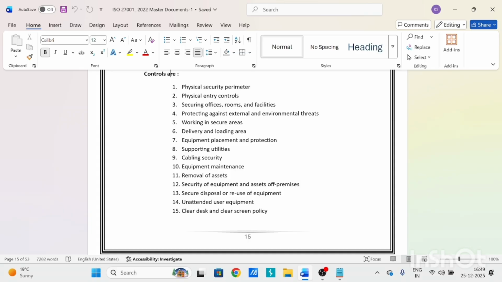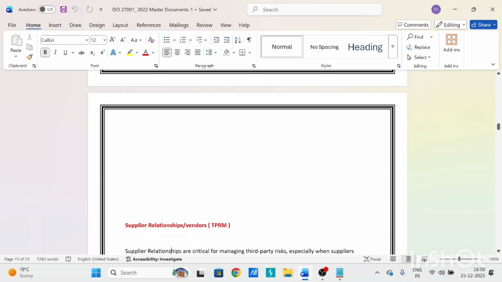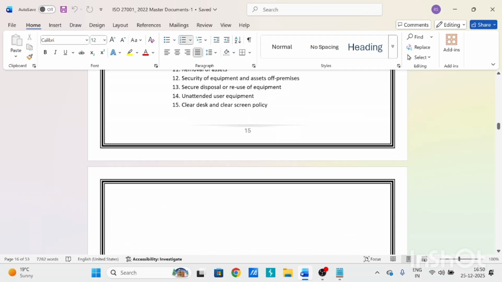Physical rooms, physical facilities, protecting against external and environmental threats, working in secure areas, delivery and loading areas, equipment placement and protection, supporting utilities, cabling security, equipment maintenance, removal of assets, security of equipment and assets off premises, secure disposal or reuse of equipment, unattended user equipment, clear desk and clear screen policies are some examples of the physical ones.